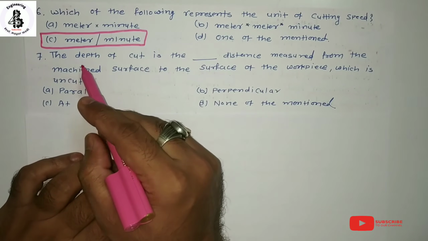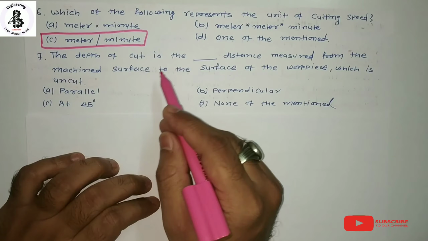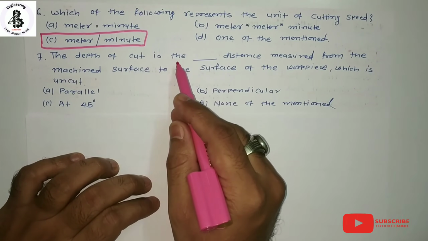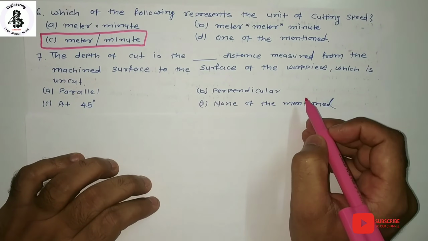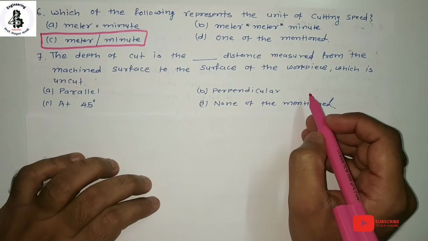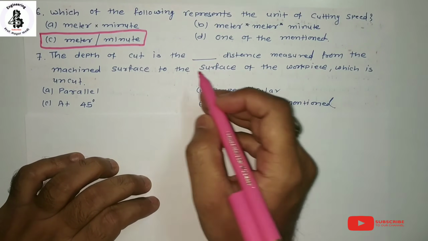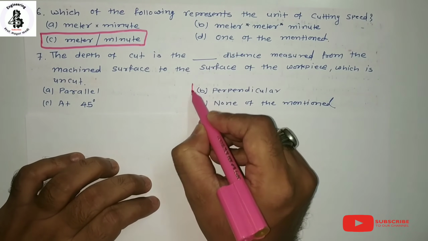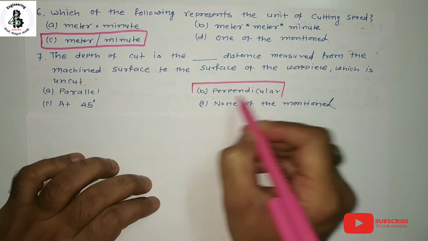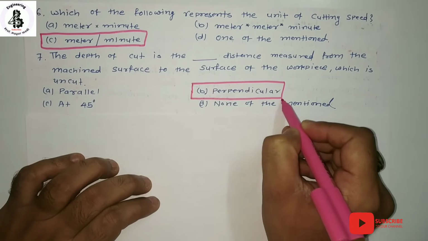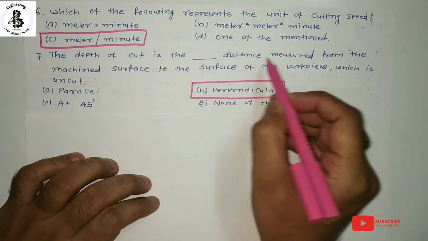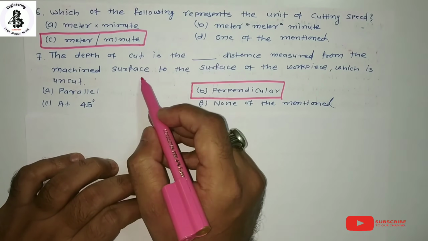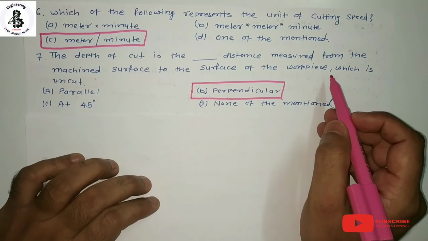So basically the depth of cut is the perpendicular distance measured from the machined surface to the surface of the workpiece. So according to that, the distance is perpendicular, that will be option B.